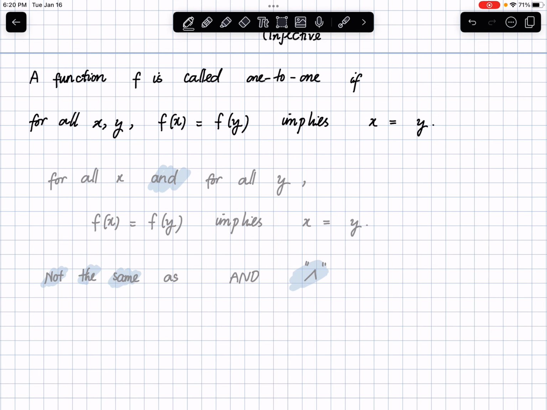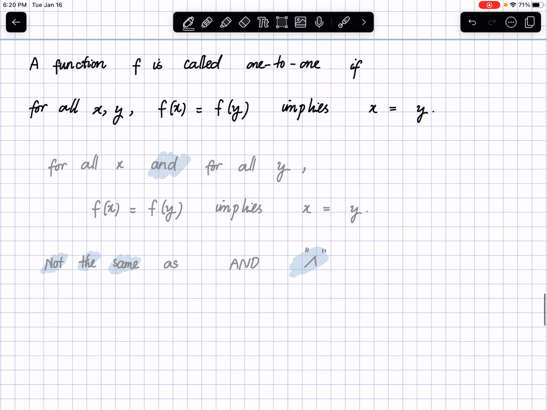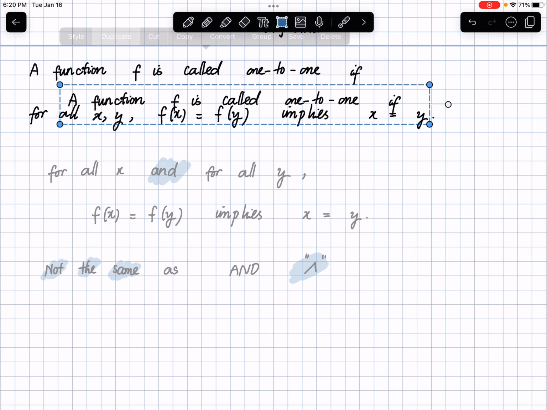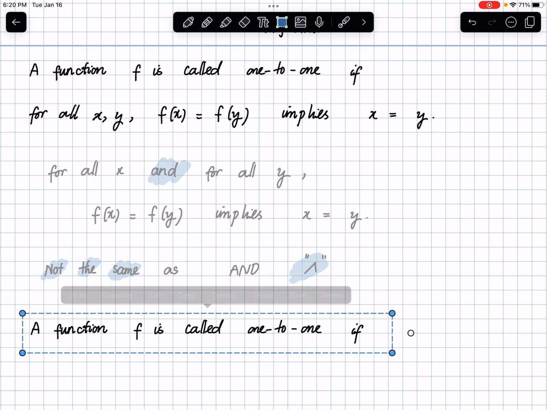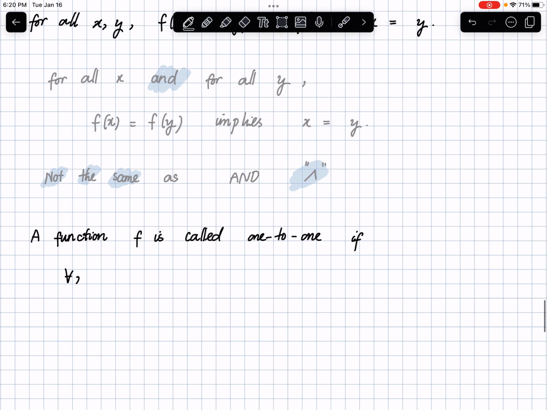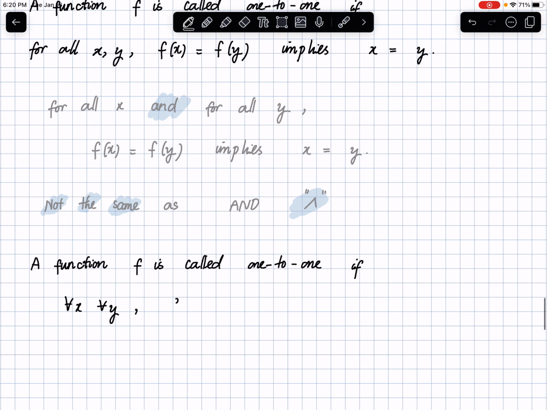So first, let us write down this definition in terms of logical symbols. The function f is 1 to 1 if for all x, for all y, f of x equal to f of y implies x equal to y.